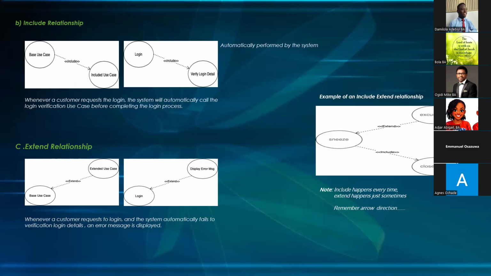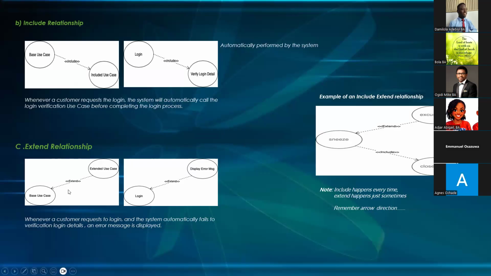Once the system verifies that you are the person that you say you are, then it will give you access. The opposite is the extend use case. If the system verifies you and you are not who you say you are, the system will display an error message.